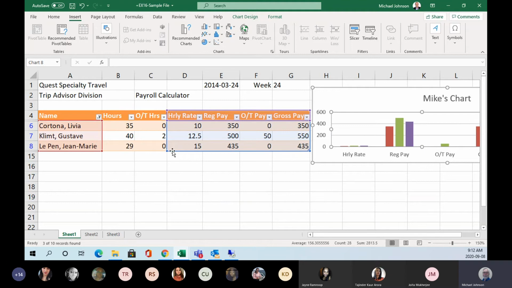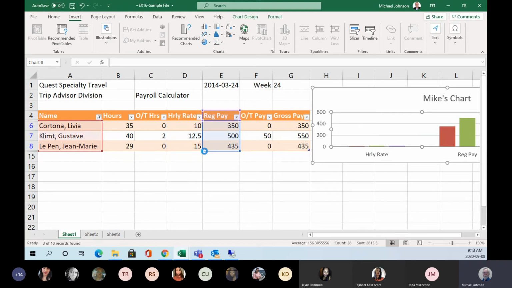And maybe I don't need to have all of it, so I'll go back here and I'll just remove some of that again. Maybe I only want to have the hourly rate. So by grabbing that little square at the bottom, I can actually decide where that information is going to be. And more specifically, where the data is actually coming from.